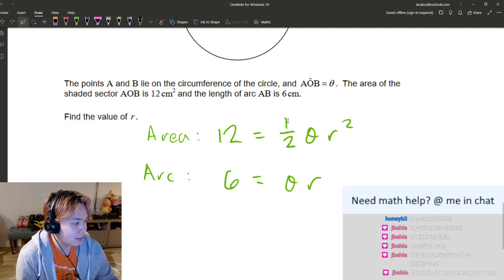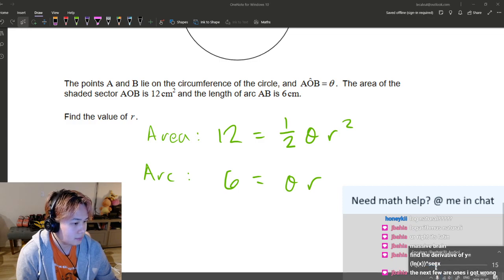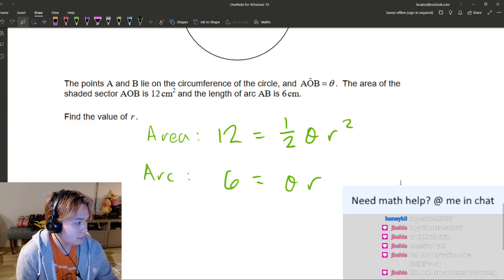Find this derivative. That's a crazy looking derivative. Because you have natural log x and you have secant x.